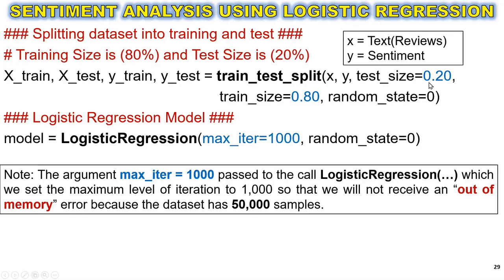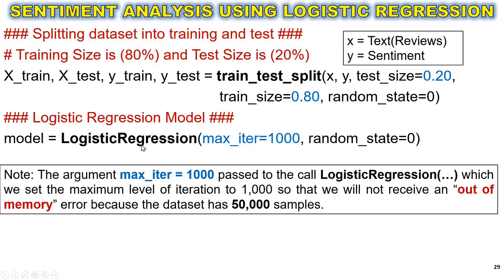We pass the arguments of both variables x and y in the method called train_test_split. The variable x contains the movie reviews, which is 50,000, while the variable y contains the sentiment values of 0 or 1, which is also 50,000 samples.